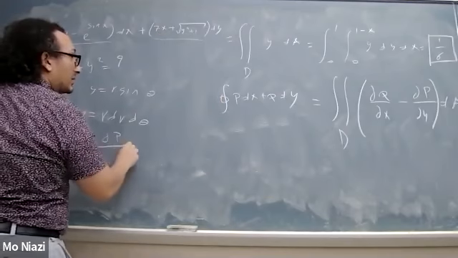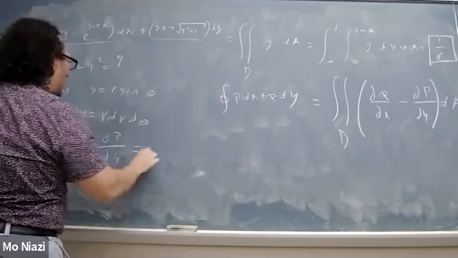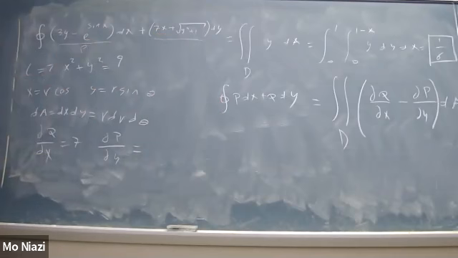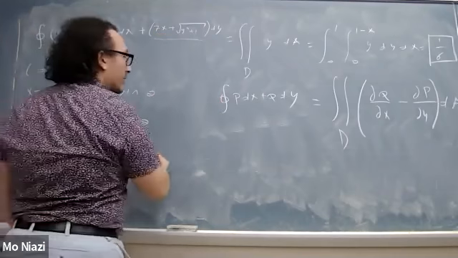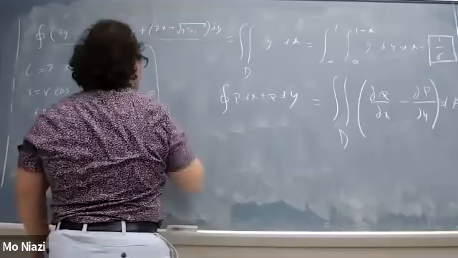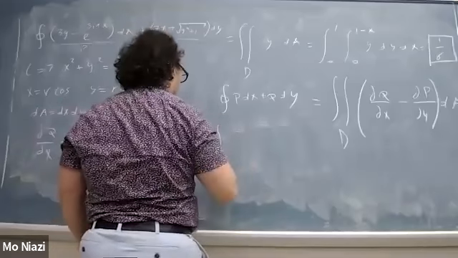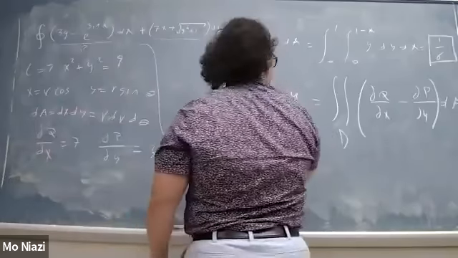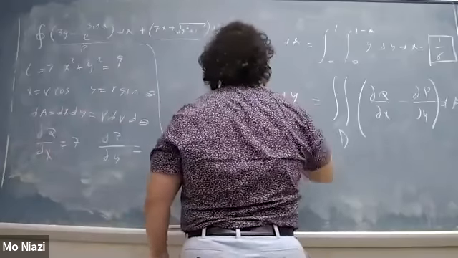Partial P, partial y, this is our P. Partial P, partial y is just a 3. So Green's theorem says that this whole line integral is the same thing as the integral about that circle with just your 7 minus your 3 dA.